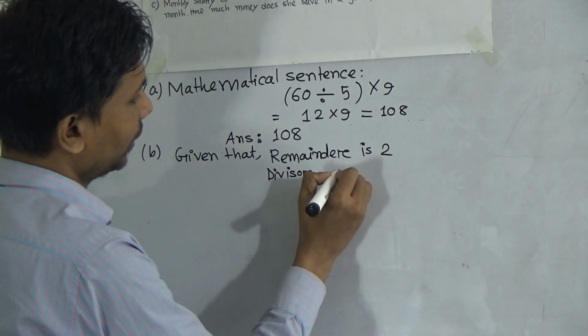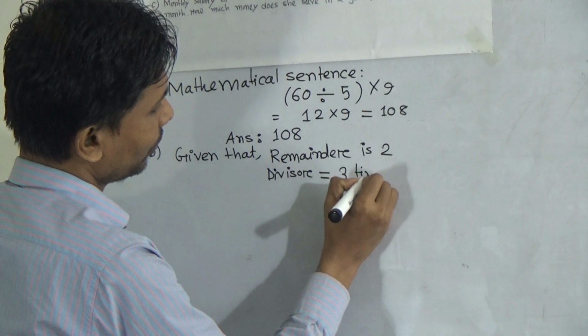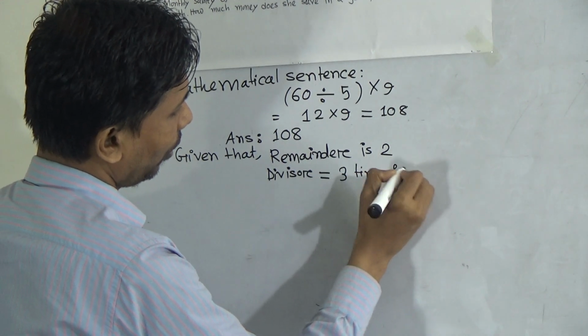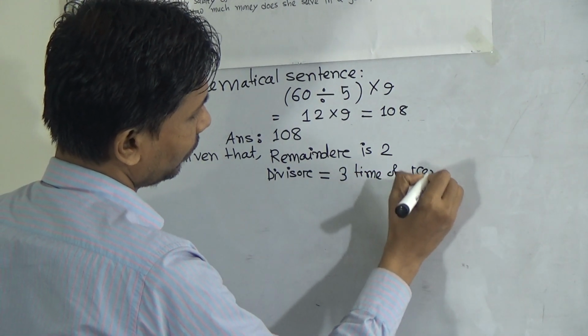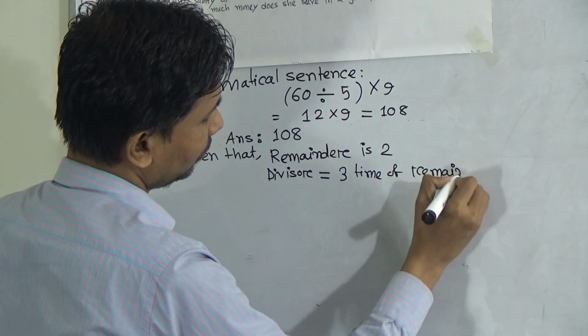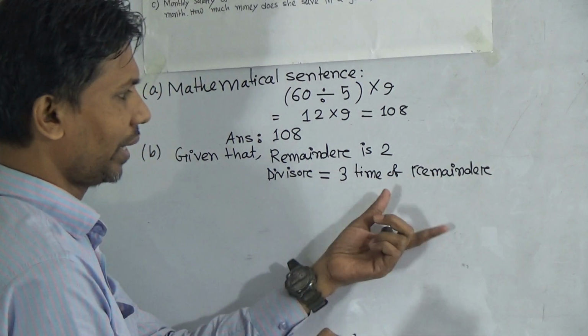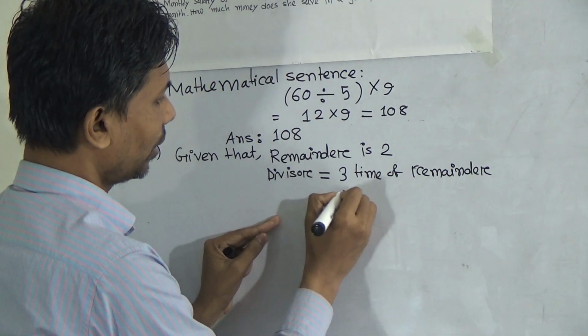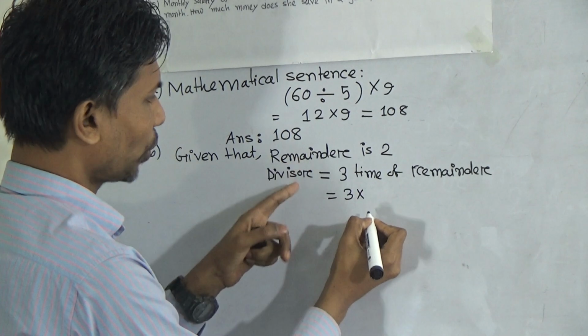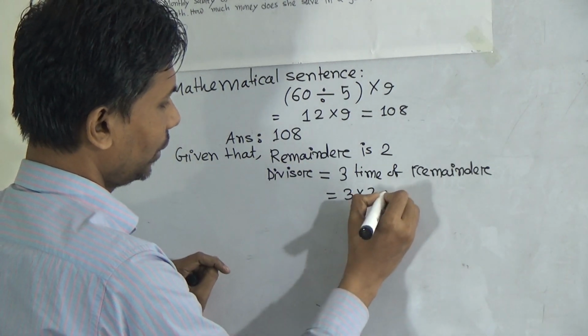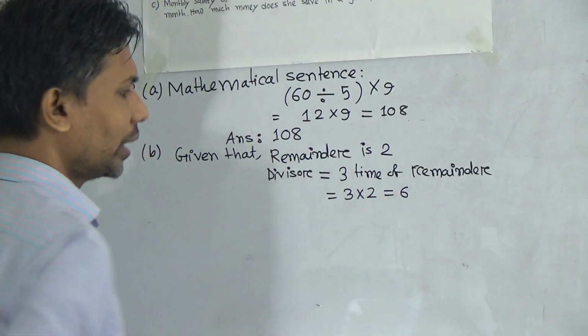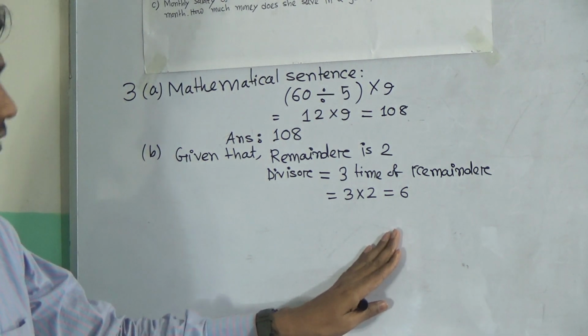That means 3 times the remainder, 3 into 2, because 2 is the remainder. This is equal to 6. Therefore, the divisor is 6.